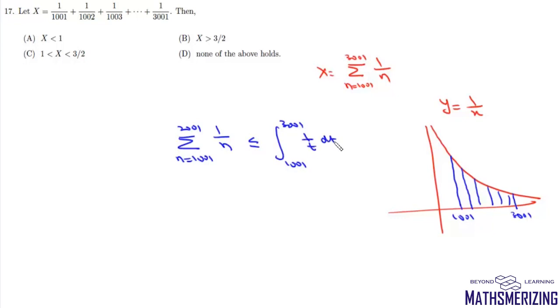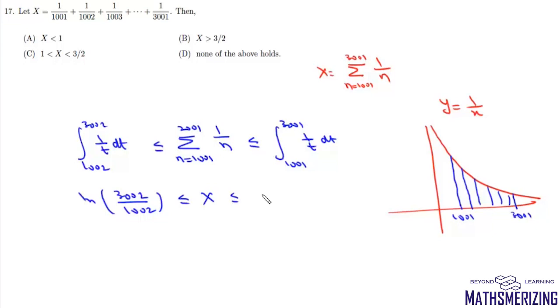1 upon t dt, and always be greater than this integral from 1002 to 3002 of 1 upon t dt. Now we'll solve this integral, then this value will be log 3002 upon 1002 is less than x, which is less than or equal to log 3001 upon 1001.